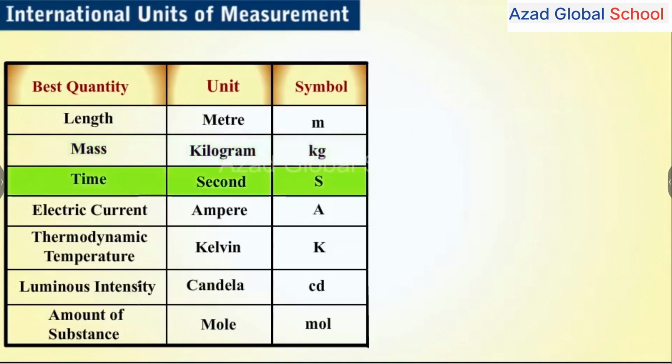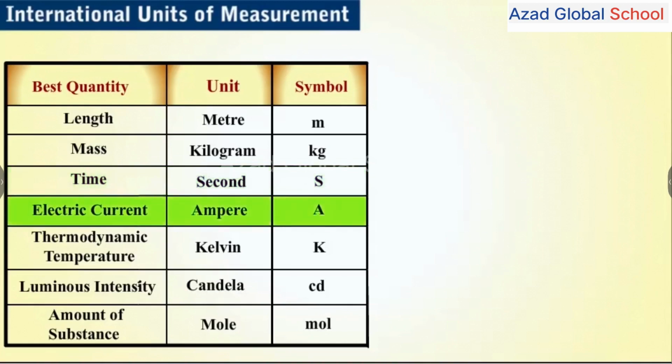Time is measured in seconds, denoted by the small letter s. A second is the duration of approximately 9 billion periods of the radiation corresponding to the transition between the 2 hyperfine levels of the ground state of the cesium-133 atom.